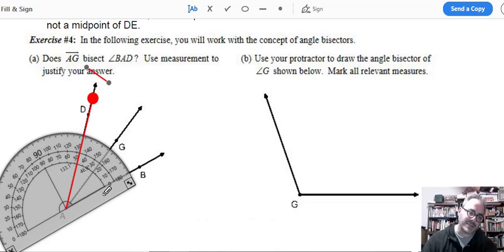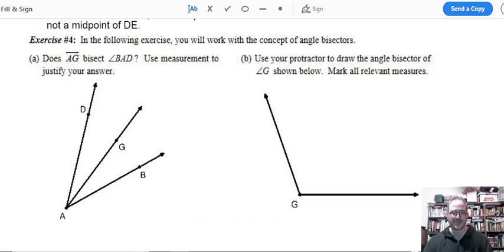I was really hoping that was going to come up with a really nice angle, but I guess we'll have to deal with what we have. I was hoping for a nice 50-degree angle, but it's definitely not exactly 50 degrees. It looks like it's 47.2 degrees. So we're going to need our calculator to figure out half of 47.2.